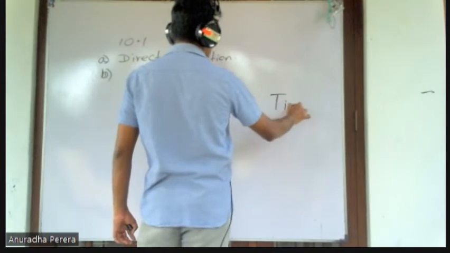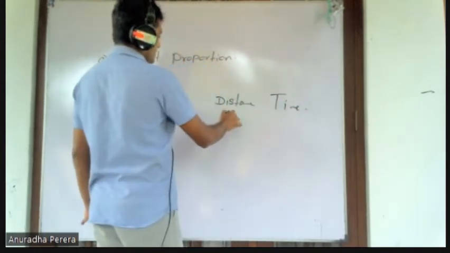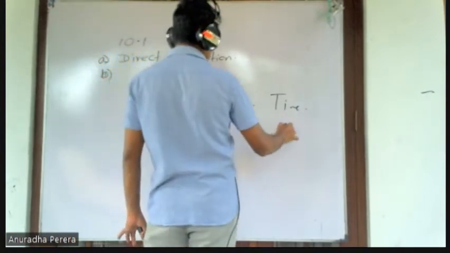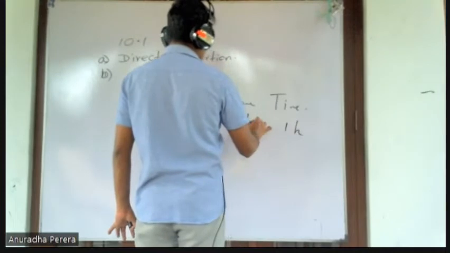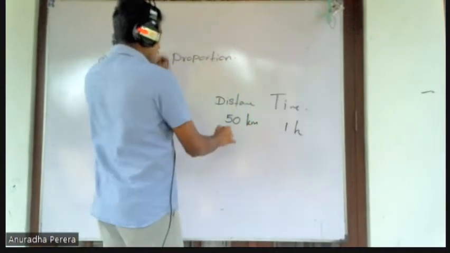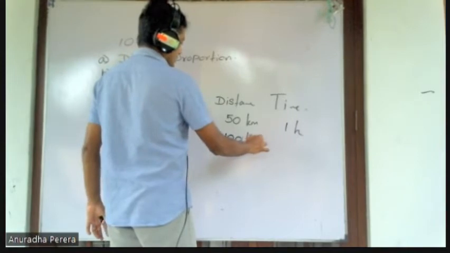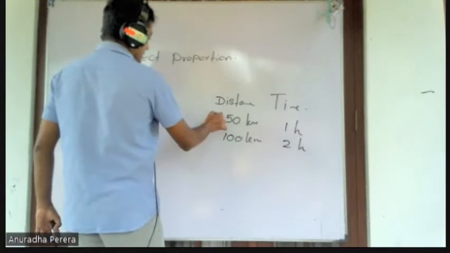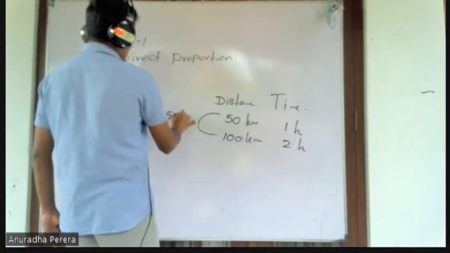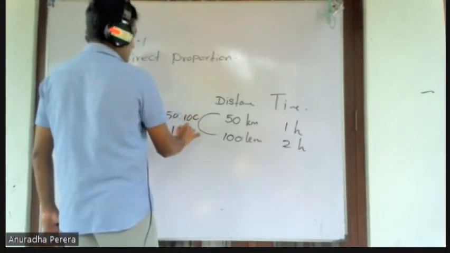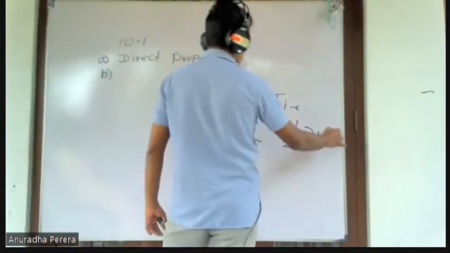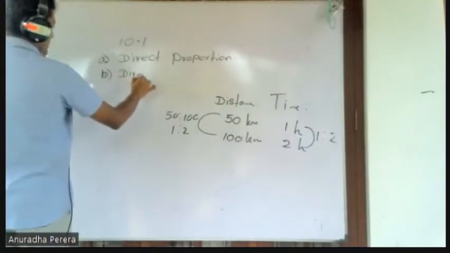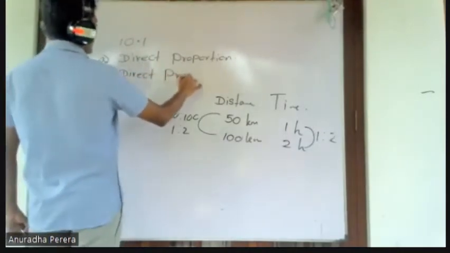To travel 50 kilometers, it takes 1 hour. To travel 100 kilometers, it takes 2 hours. The ratio between distances 50 to 100, simplest form 1 to 2. Time also 1 to 2. What can you say about this? It's a direct proportion. ඒ විදිහට පුතාලා බලන්න ඕනේ.